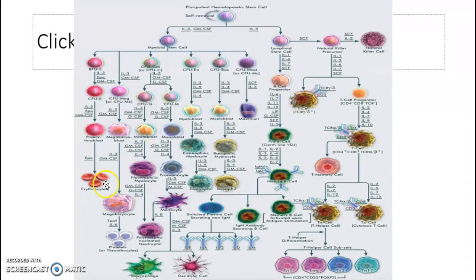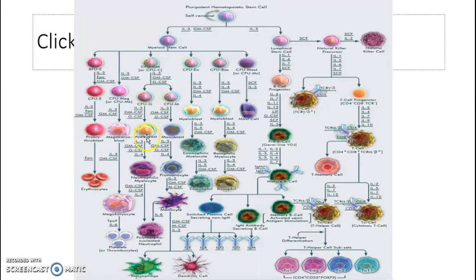So this is just a brief recap on the types of cells. We have erythrocytes here, originally coming from the pluripotent hematopoietic stem cell. So finally we get an erythrocyte, and then we get platelets here from megakaryocytes. We have macrophages from monocytes.